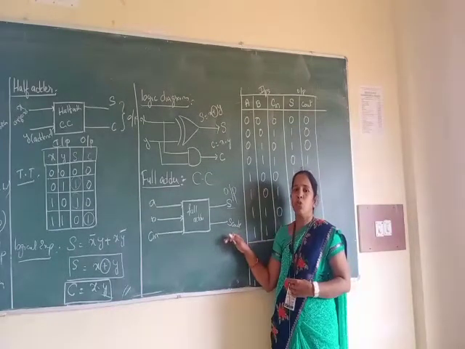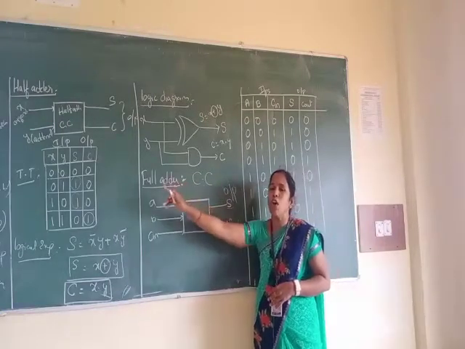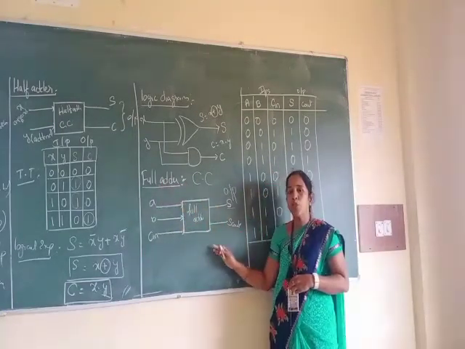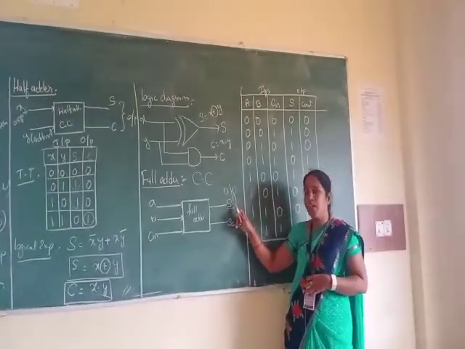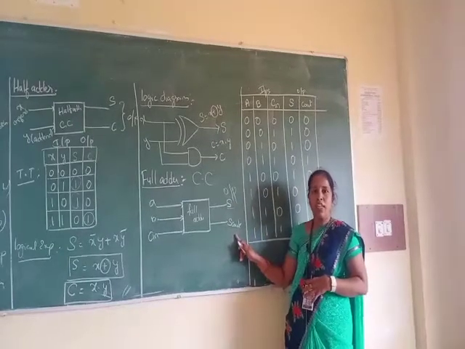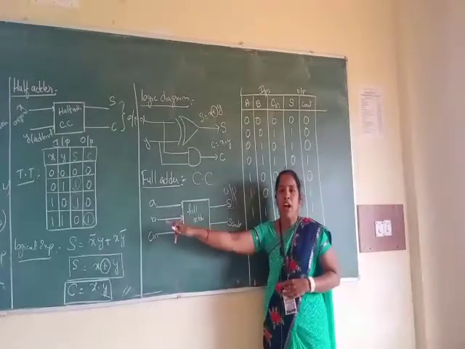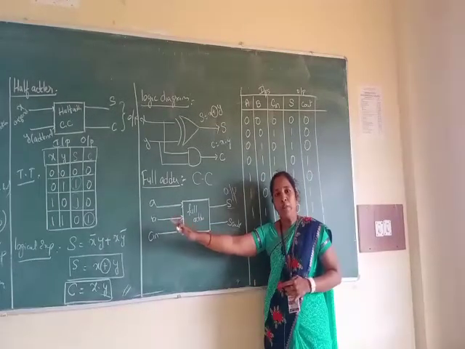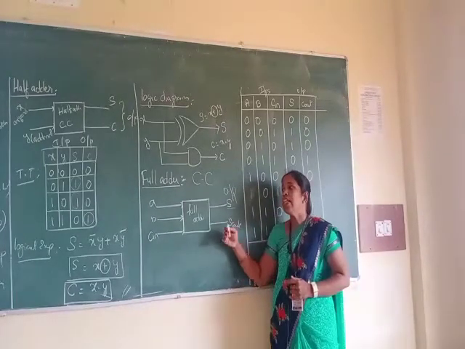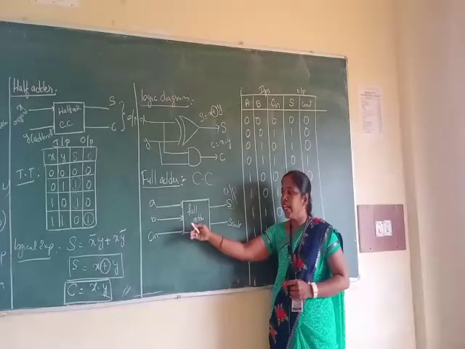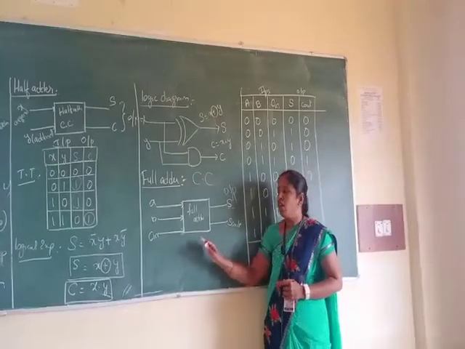It is used to perform arithmetic addition of 3 binary variables, whereas the half adder handles 2 binary variables. In a full adder I can take the carry from the previous stage. That's why I am using the full adder.